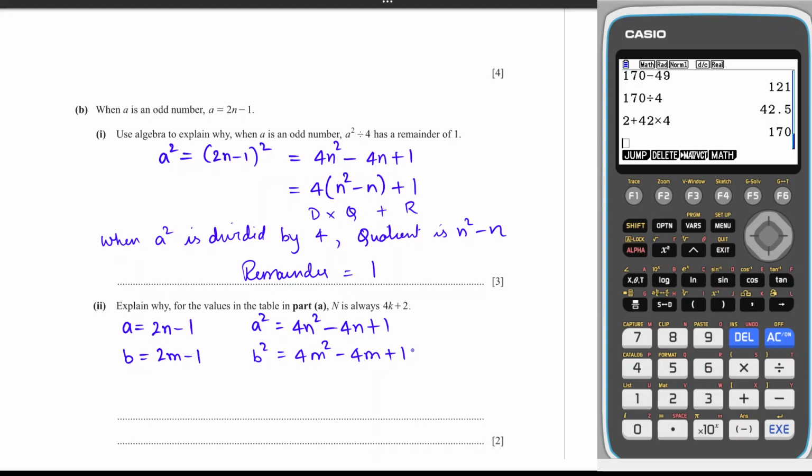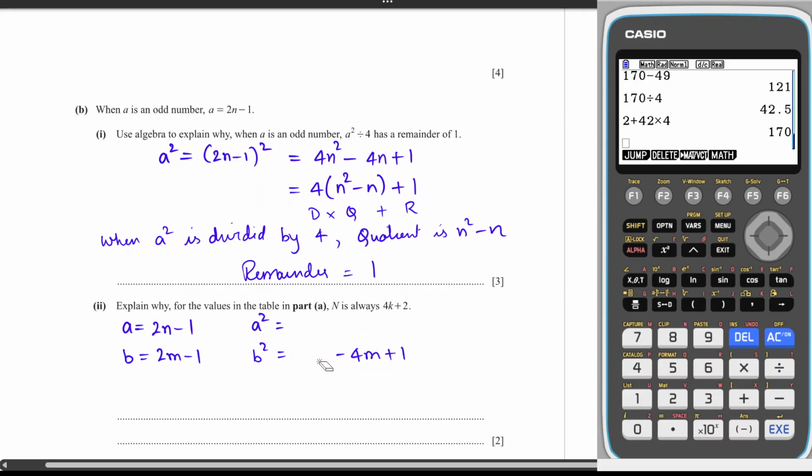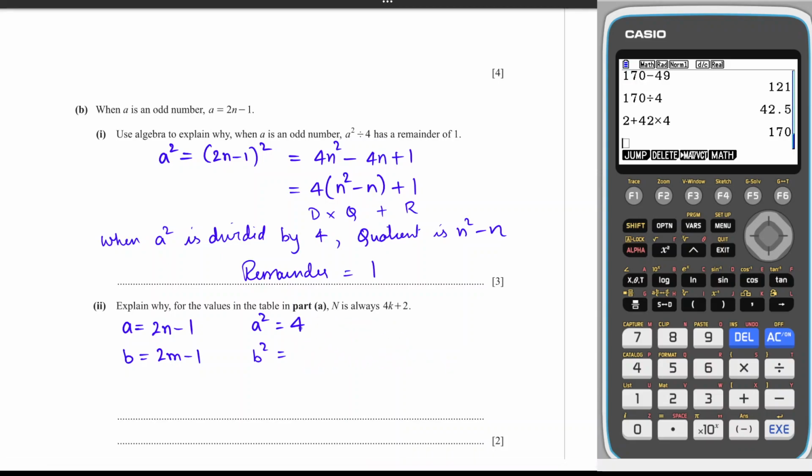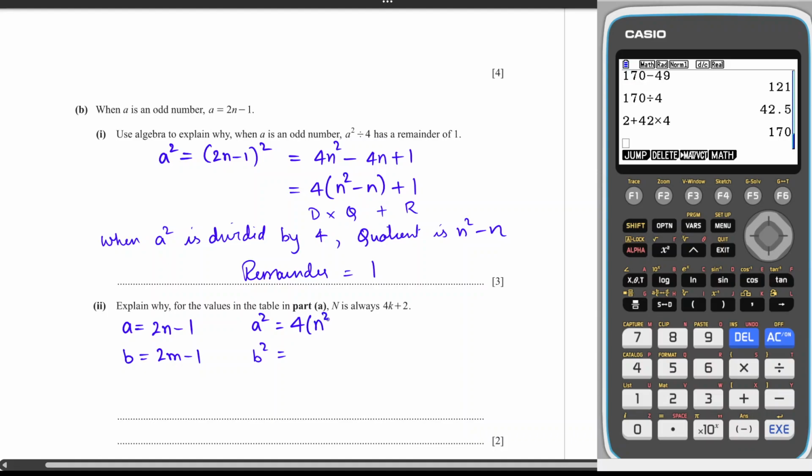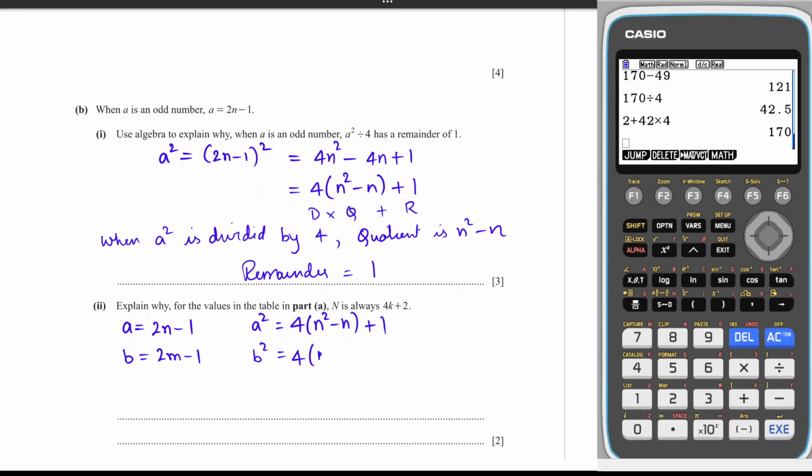So I just add them. In fact, I can also write it in the form which was over here, that is 4 into n square minus n. So I can write it that way, that is 4 into n square minus n plus 1, and this is 4 into m square minus m plus 1.